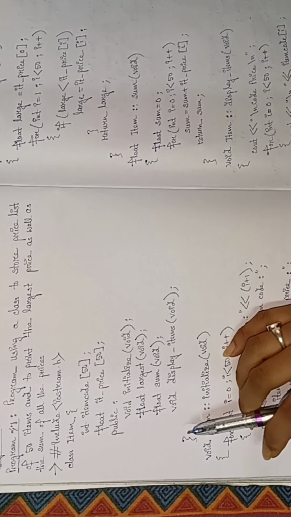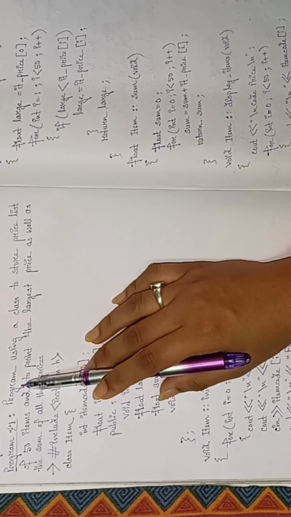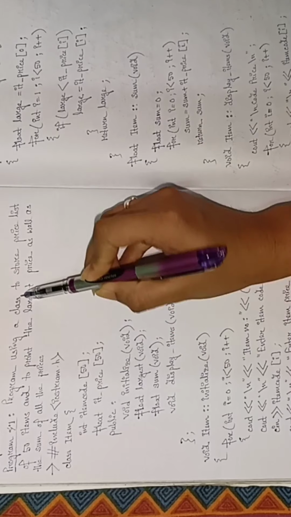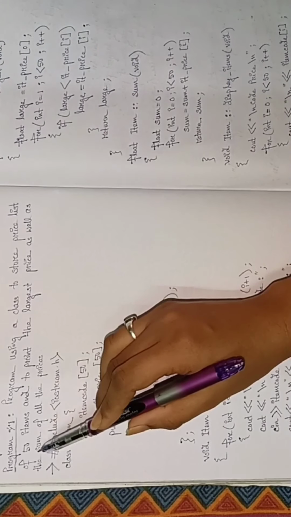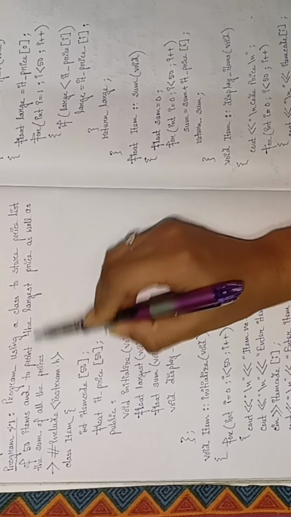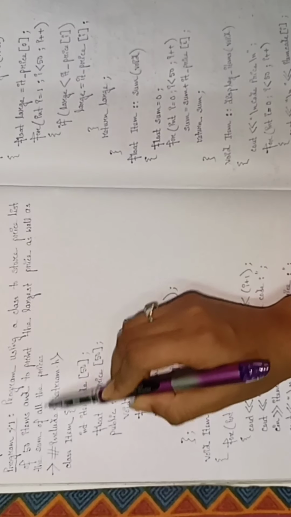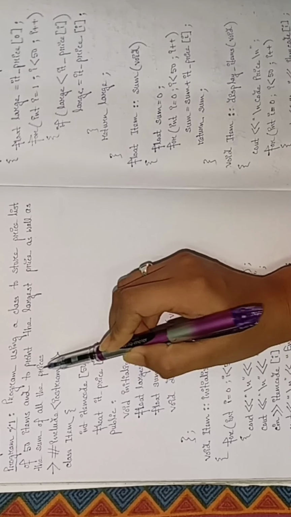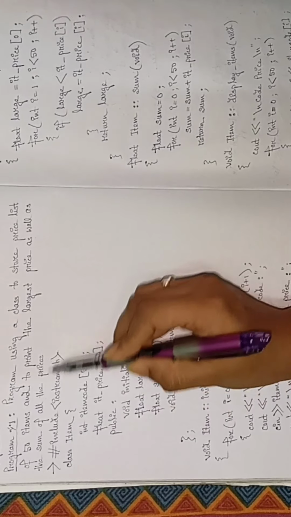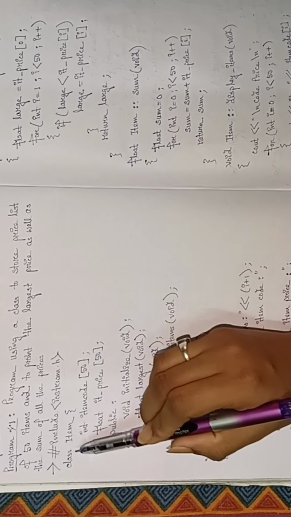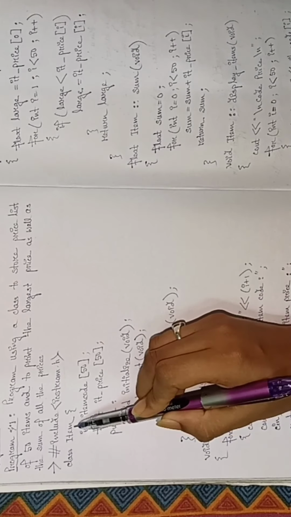So this is the program that we will do now, okay? Now we will see the program. It is a program using a class to store the price list of 50 items and to print the largest price as well as the sum of all the prices. For this, first we will include the header file iostream.h. Next we will define a class, suppose item.